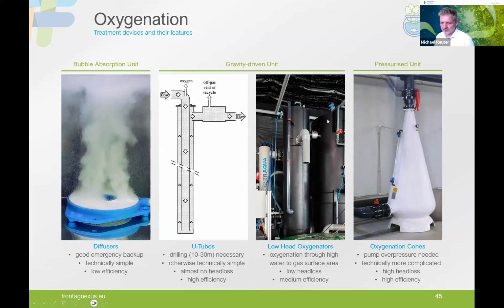Also technically quite simple are the so-called low head oxygenators, where we produce some kind of rain or droplets of our process water that run through a chamber that is filled with oxygen. With the high contact surface between the drops and the oxygen in the chamber, we also have quite a good transfer rate of oxygen to the water.